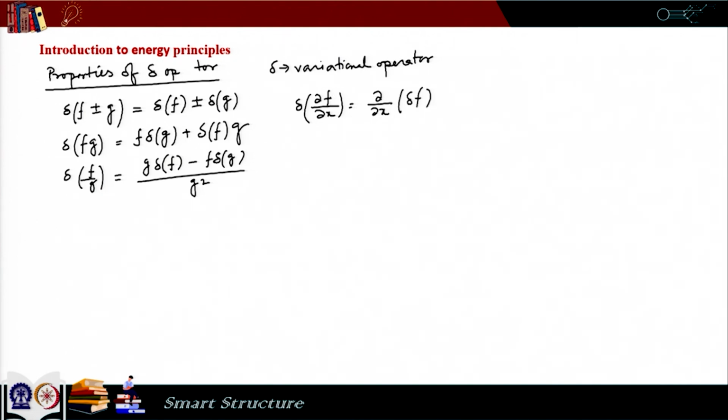So, if I take the variation of the derivative of f with respect to x, that is equal to the derivative of the variation of f. Similarly, if we integrate f and take the variation, that is equal to this. So, these properties will be quite useful in the formulation that we do after that.